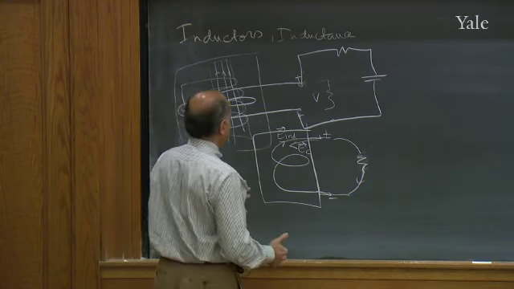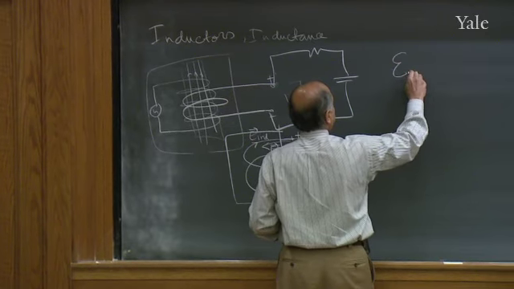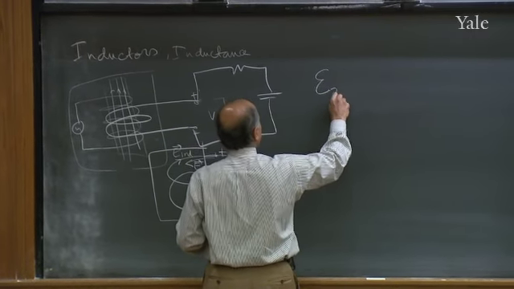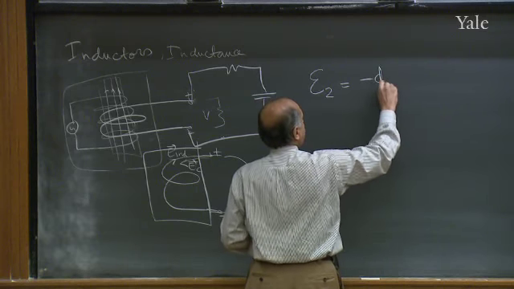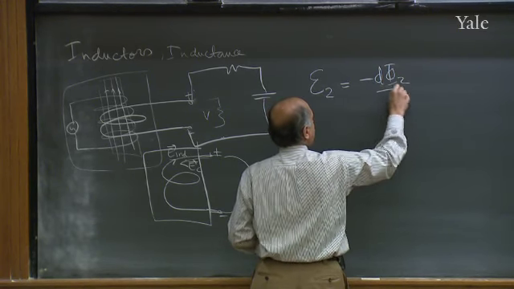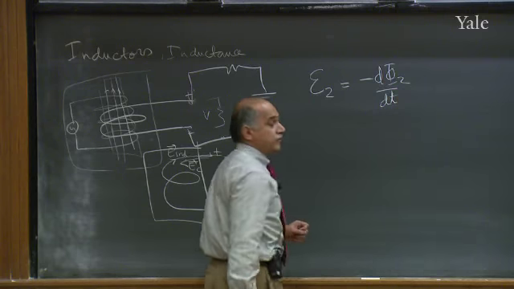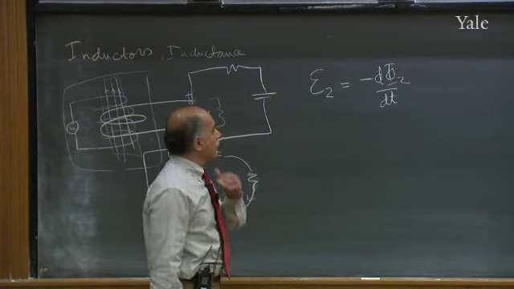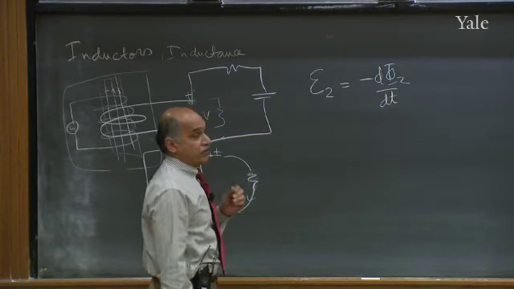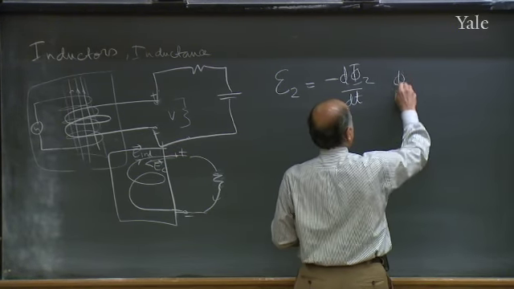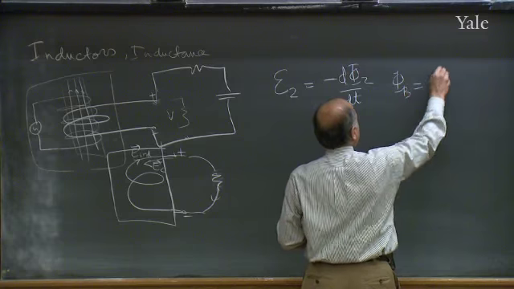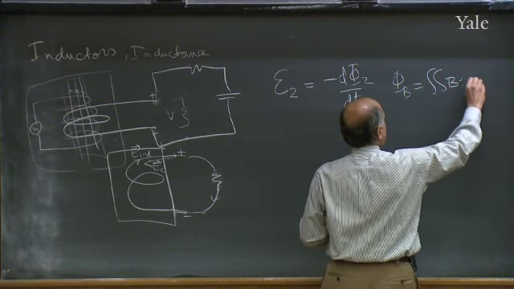Now, we saw that the EMF in the second coil is equal to the rate of change of the flux in the second coil, d by dt. Now you've got to be a little careful about flux. Normally, the flux due to the magnetic field is defined as the integral of B dot dA.